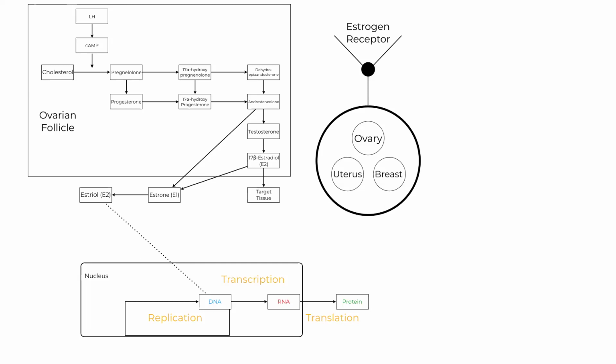Those tissues are going to be the ovary, uterus, and breast tissue. So as you go through the transcriptomics material, you will likely hear about the estrogen receptor. I just wanted to present you with a little bit of information as an introduction to those things.